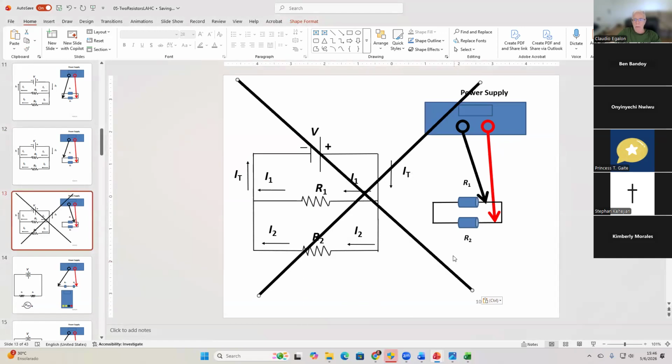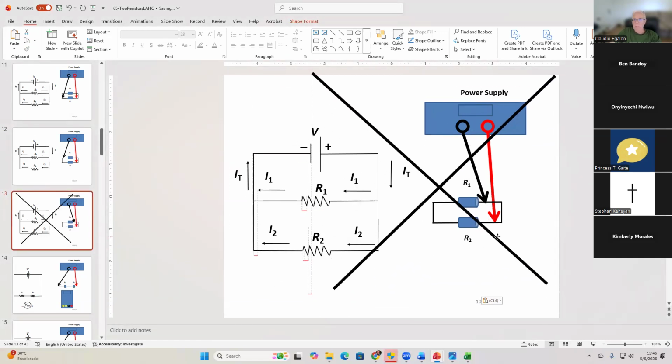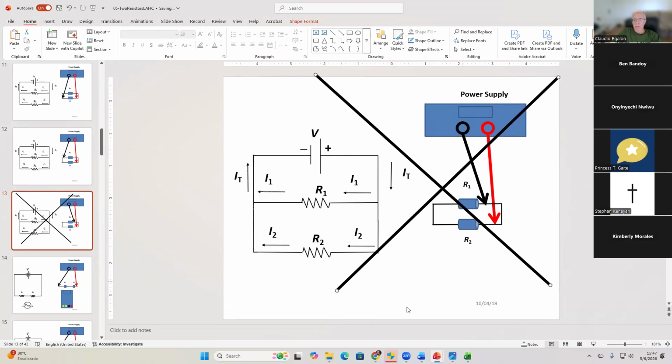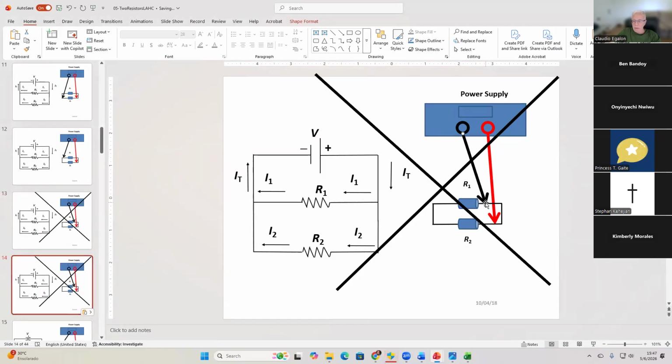You're going to burn out your multimeter, your power supply, if you do something like that. Another thing that you cannot do is this thing right in here, or you're going to burn out your power supply as well.